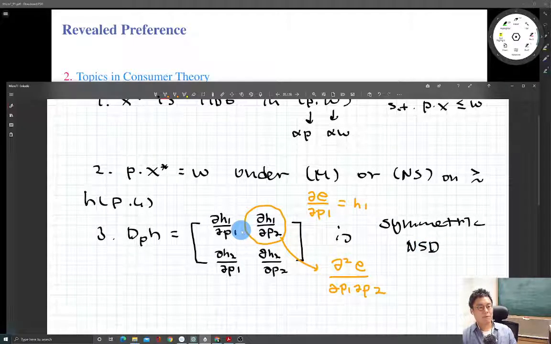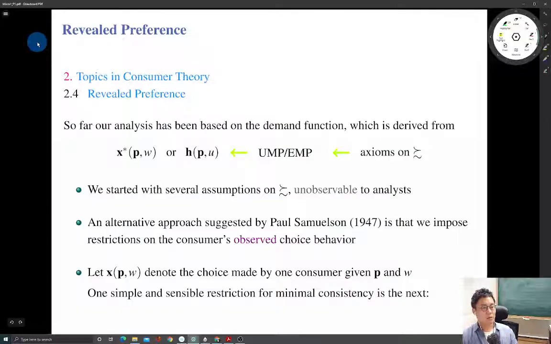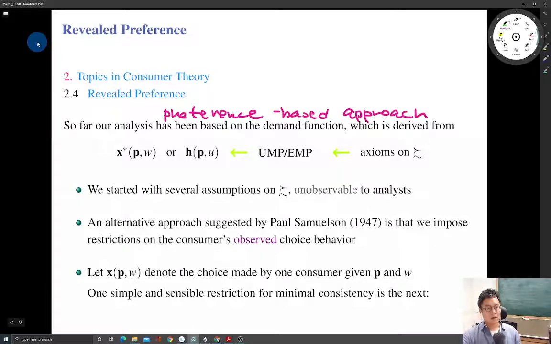So in light of the structure of the EMP, we established one more property about the demand function. That is the positive theory about consumer behavior we developed so far. This analysis is often referred to as the preference-based approach, in the sense that we initiated our analysis by making assumptions on preferences.